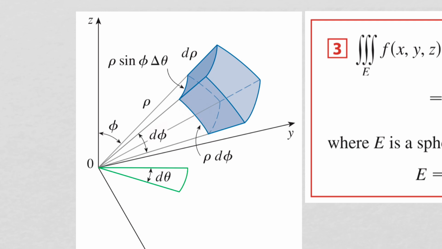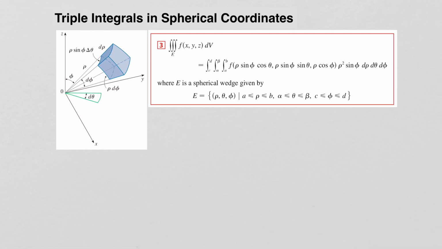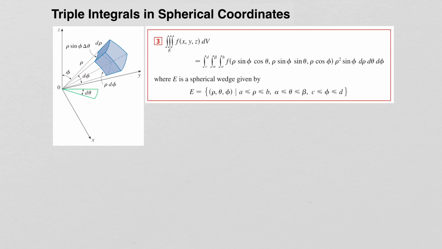So the volume of this chunk is going to be the product of rho sine of phi delta theta, rho d phi, and also d rho. When you put all those together, you get rho squared sine of phi times d rho d theta d phi, and that is what you see here.